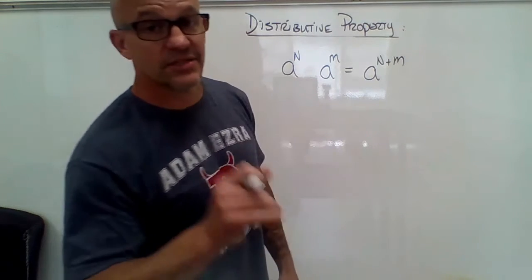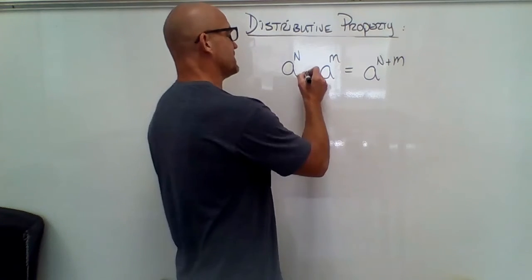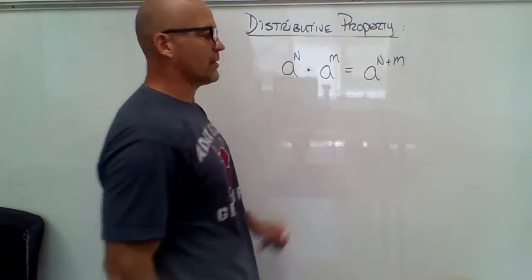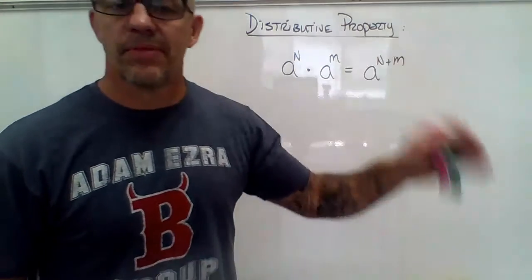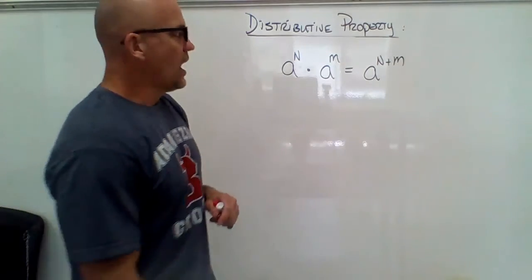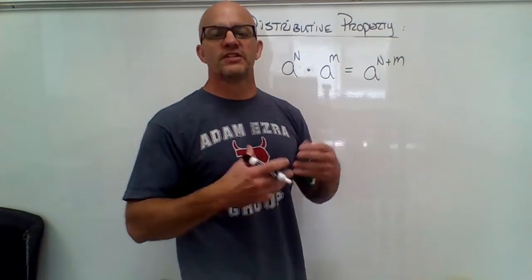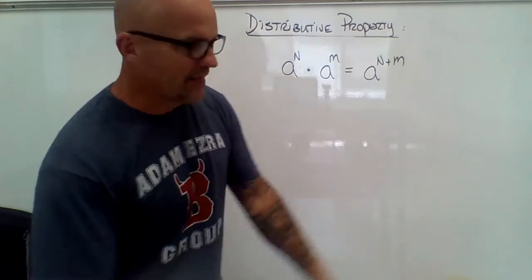I apologize, I messed up my exponent rule at first. That is for multiplication. All that means is when you're multiplying like bases with exponents, you can get the result by putting the base down and adding the exponents.